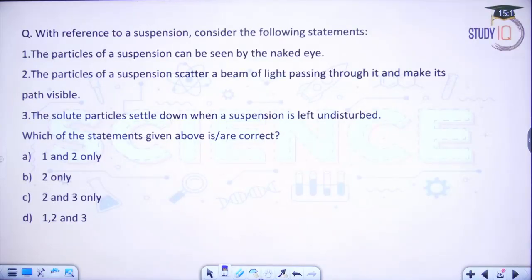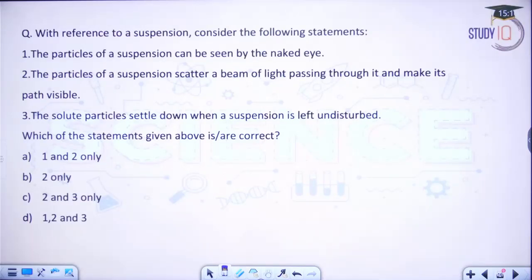The particles of a suspension can be seen through the naked eyes. Yes. The particles of suspension scatter a beam of light passing through it and make its path visible. Okay. And then the solute particles settle down when a suspension is left undisturbed.